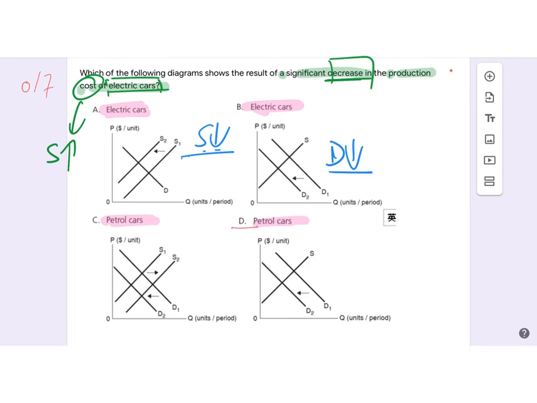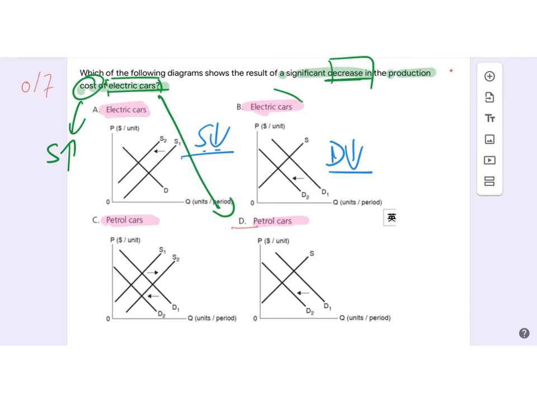Because for petrol cars, we have to do more analysis. According to what we understand, supply increases in electric cars, and why would the change in electric cars relate to petrol cars? Because there are two different goods. According to what we learned, we should think about the relationship between them. It's about the buyer, who can choose either of them, right?